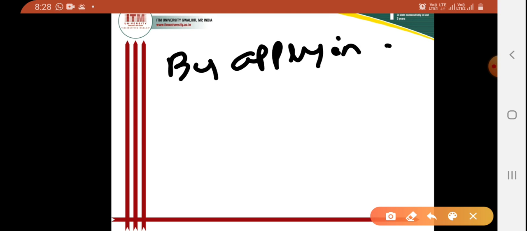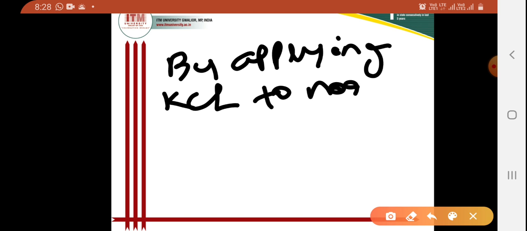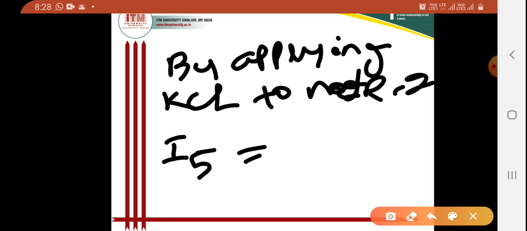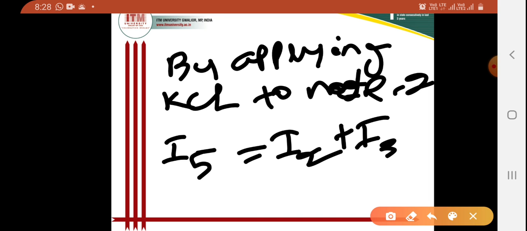When I apply the current equation, or KCL, to node 2, we can write that I5 is equal to I2 plus I3.